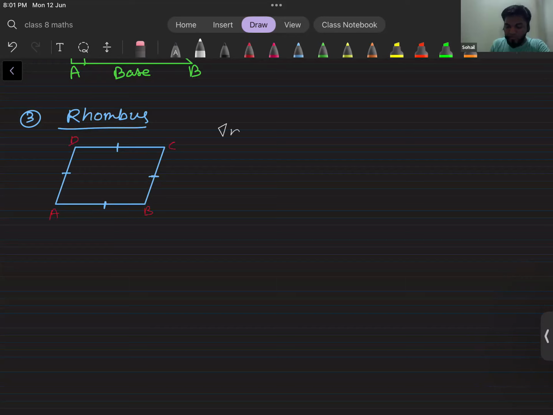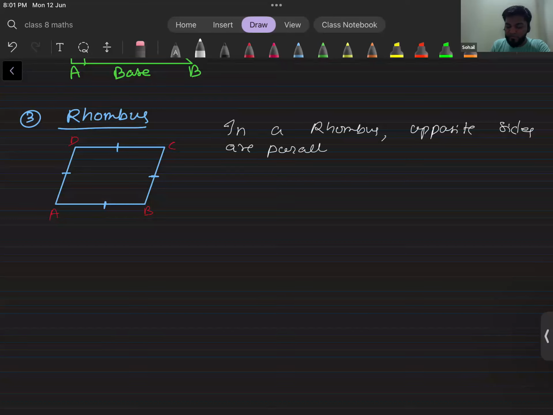So in a rhombus, opposite sides are parallel. That is the first thing. The second thing is that all the sides are equal in length, guys.